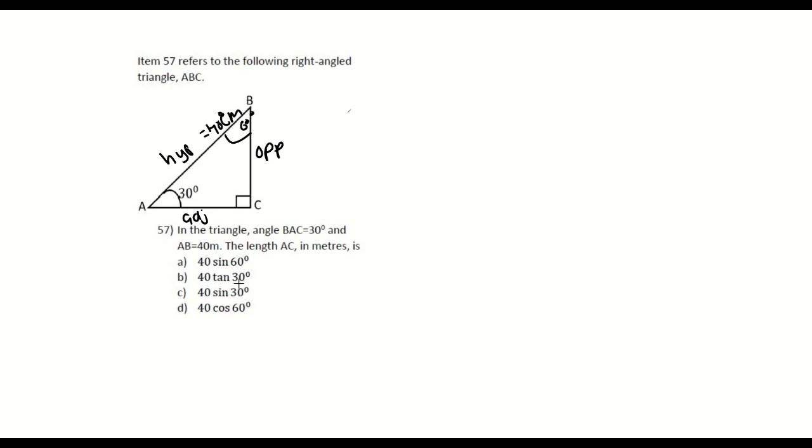So let's look at tan. Let's look at SOHCAHTOA. We are using tan. Tan is equal to the opposite over the adjacent. So if we use tan 30, we're looking at BC, which we don't want to find, so this is out of the question.